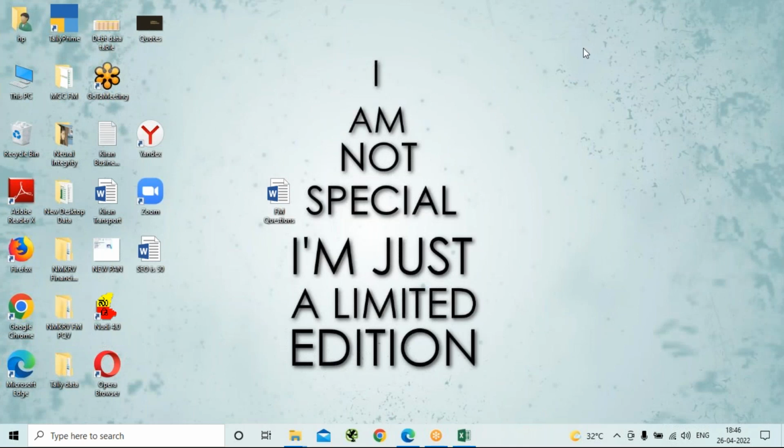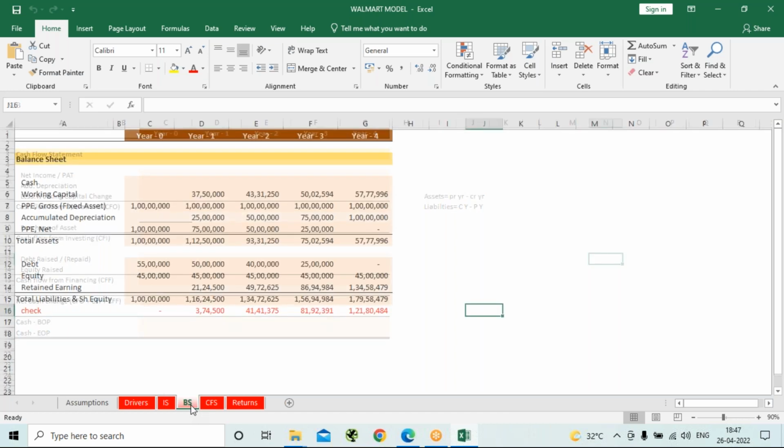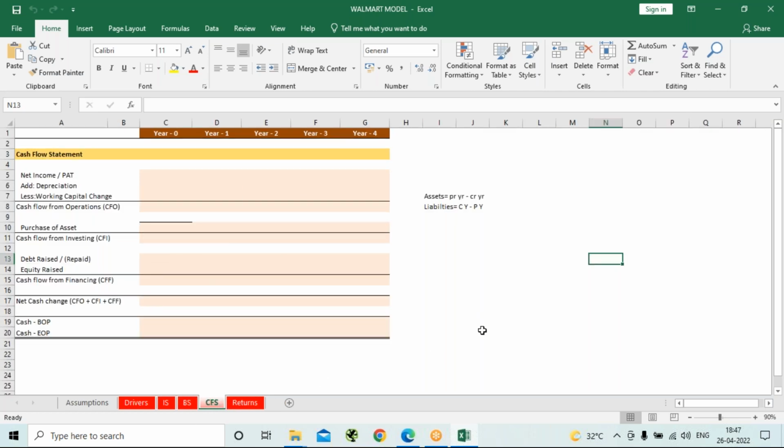So in the last class, we discussed how to do the retail business model. We took Walmart as an example. Have you received any document in this regard yesterday?